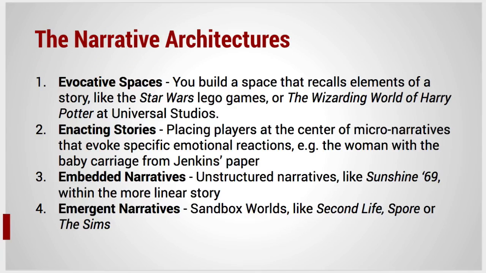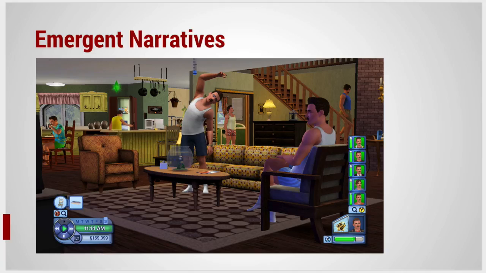And finally, emergent narratives, which are sandbox worlds where there's less story and higher interactivity, like Second Life, Spore, or The Sims, where the audience can kind of do what they want. In fact, there's very, very little story in these emergent narratives because the audience has so much interactivity, they can kind of do whatever.